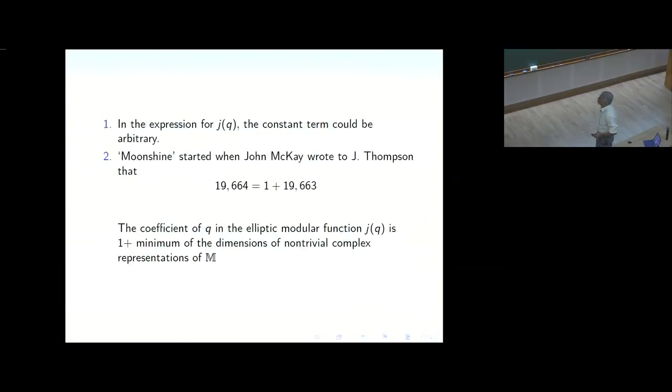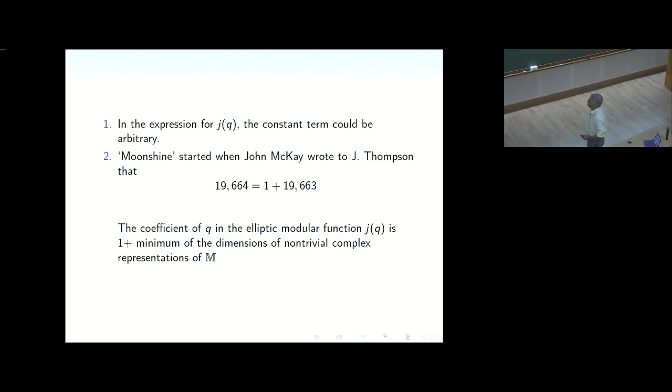This started with the great observation that 196,884 is 1 plus 196,883. That was discovered by McKay, and he wrote about that to John Thompson.